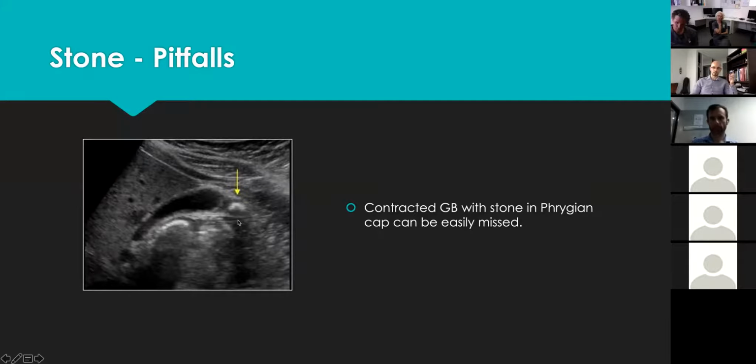But again, the way to differentiate them is that clean shadow coming after it, and if you fan the probe, you can actually see the connection between that Phrygian cap and the rest of the gallbladder wall. Seeing that connection, and then seeing that clean shadow after that, can help identify the cyst.